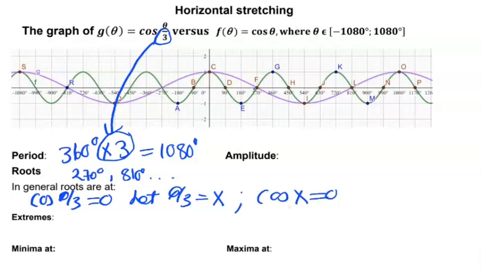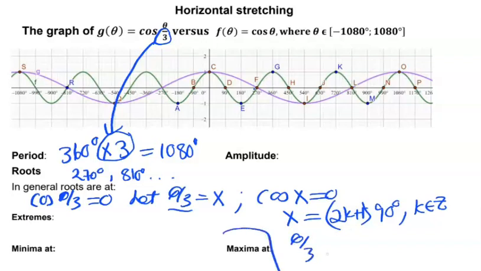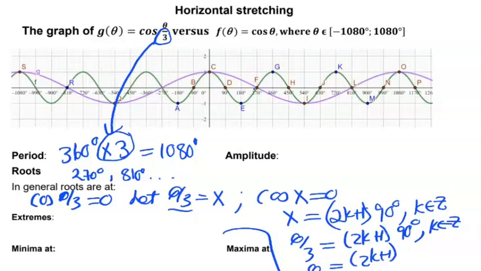And I know this x is equal to 2k plus 1 times 90 degrees, as we had before, with k an element of Z. So the moment I plug back theta over 3, I will get my theta will be still the odd numbers, but now it's 3 times 90 degrees, k an element of Z. So it will be all the odd multiples of 270 degrees, k an element of Z.